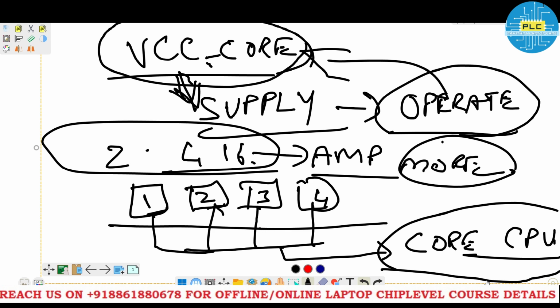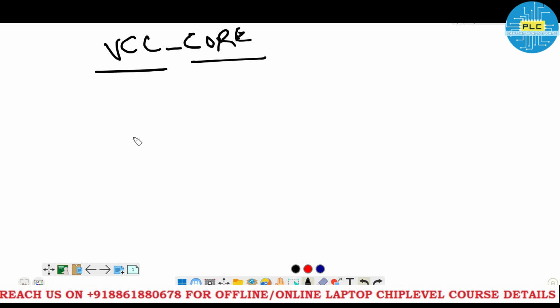This is one part of the introduction. Okay, now you got what VCC underscore core is. Core and VCC both you got, right? Now the main point: is it related to display?